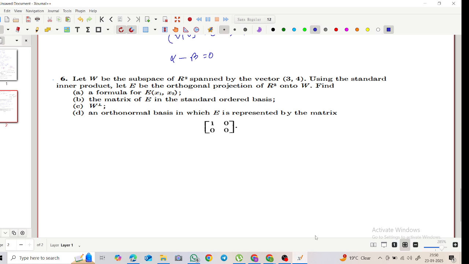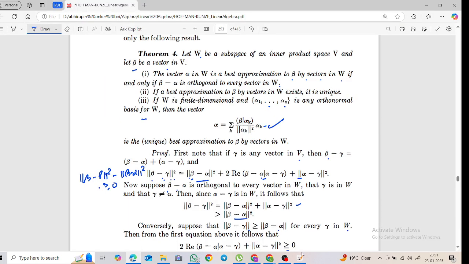So E(x1, x2), what will it look like? Just remember this formula.